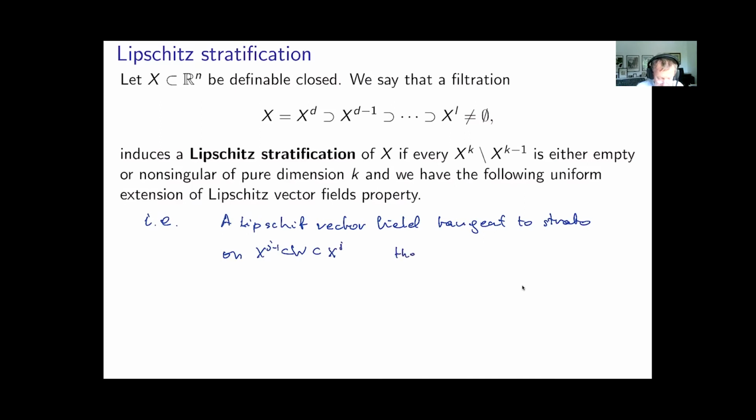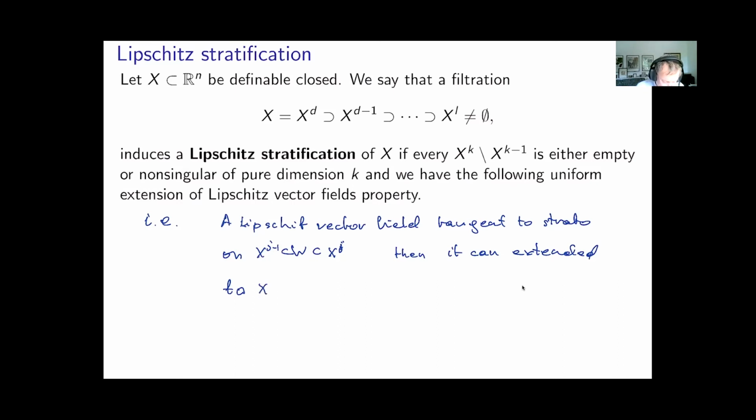then it can be extended to, or this doesn't matter, at least xj, because when you extend to xj, then you use this property and extend to X and then extend to Rn.